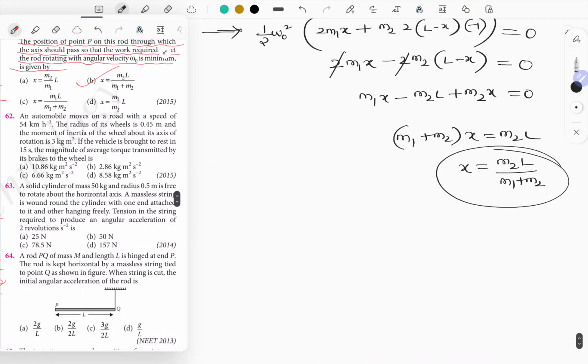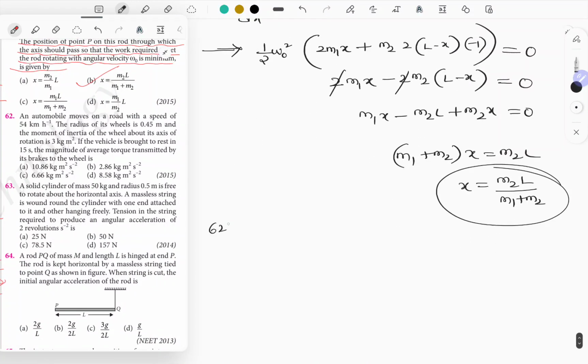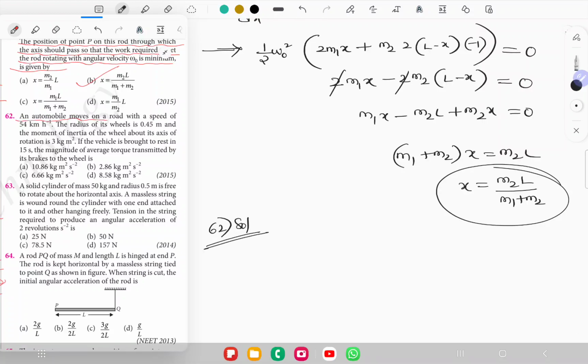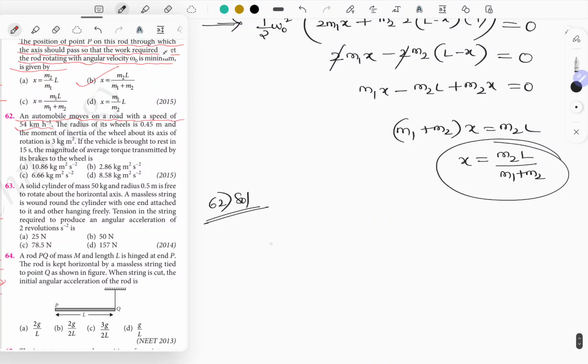Next, question number 62. In this question, an automobile moves on a road with a speed of 54 kilometer per hour. An automobile, in the sense, a motor vehicle which is moving with an initial speed of 54 kilometer per hour.